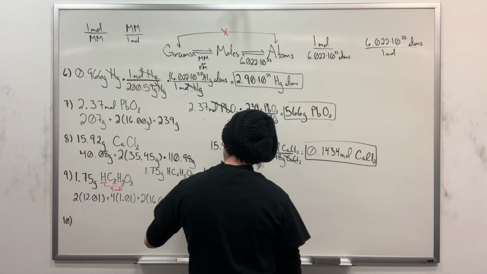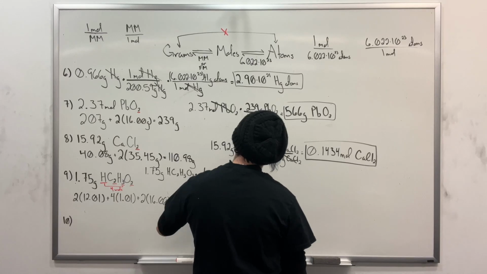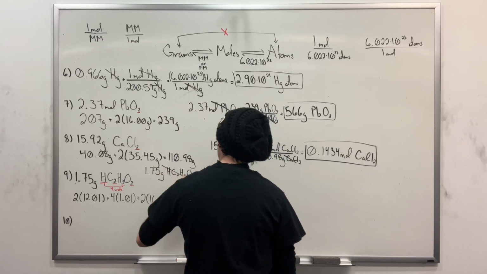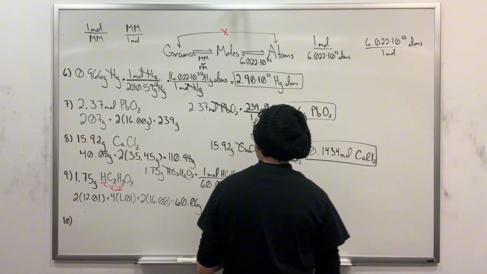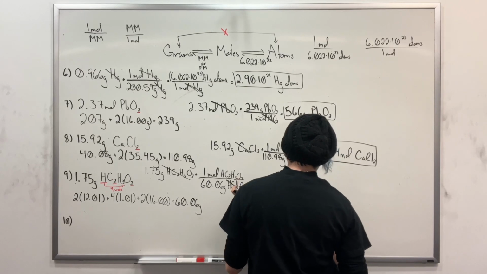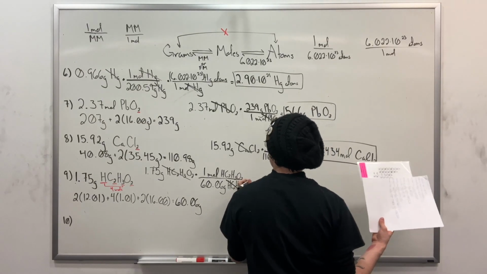And 60.06 is going to go on the bottom. So we've gone from grams to moles. We want to get to atoms, and so now we have to convert from moles to atoms.